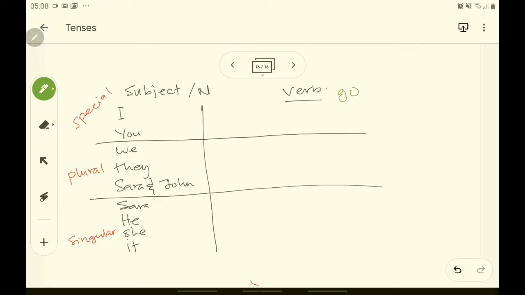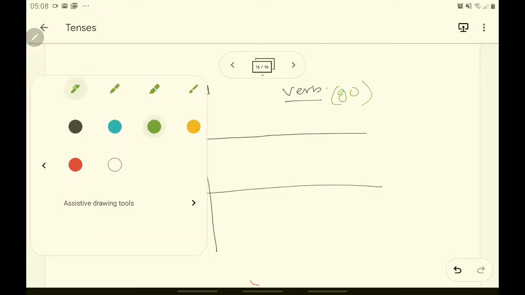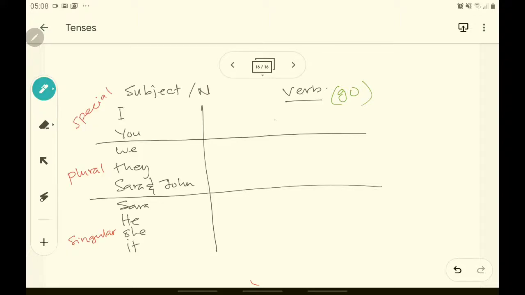So if you use I, the special verb, you don't have to make any changes to the verb. So go remains go. Okay, this is also applicable to plural, go.